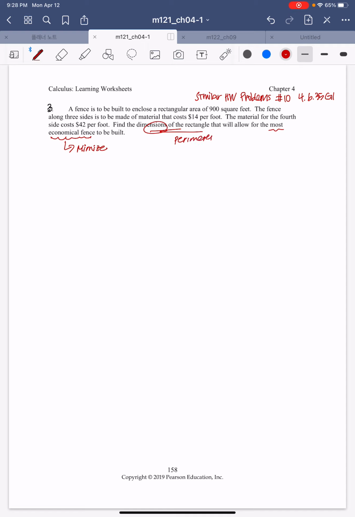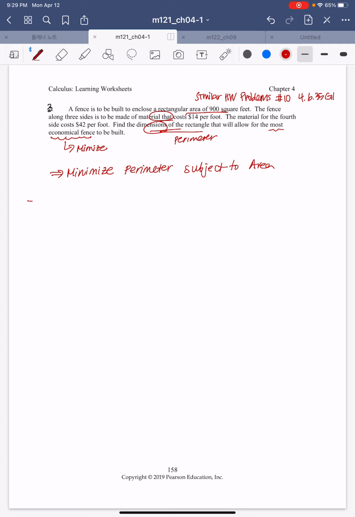So we want to minimize our perimeter function subject to our area function because area is given. Okay. Now, second thing is we have different sides costing different amounts.